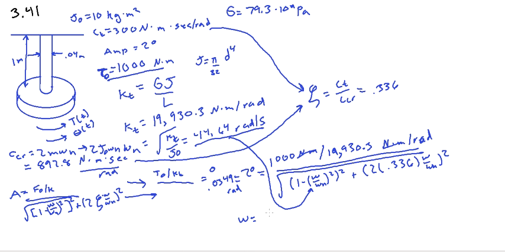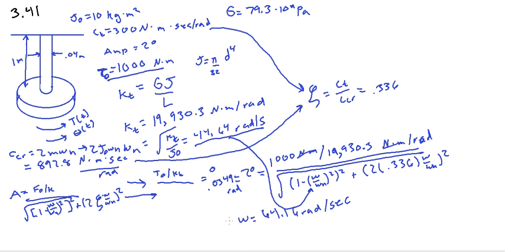That can give you omega over omega n squared. Then you take the square root of that, and that will give you 64.16 radians per second. I know I am skipping a lot of the math here, but the important thing is that I want to see what equations we need to use and which ones are going to be important on the exam.